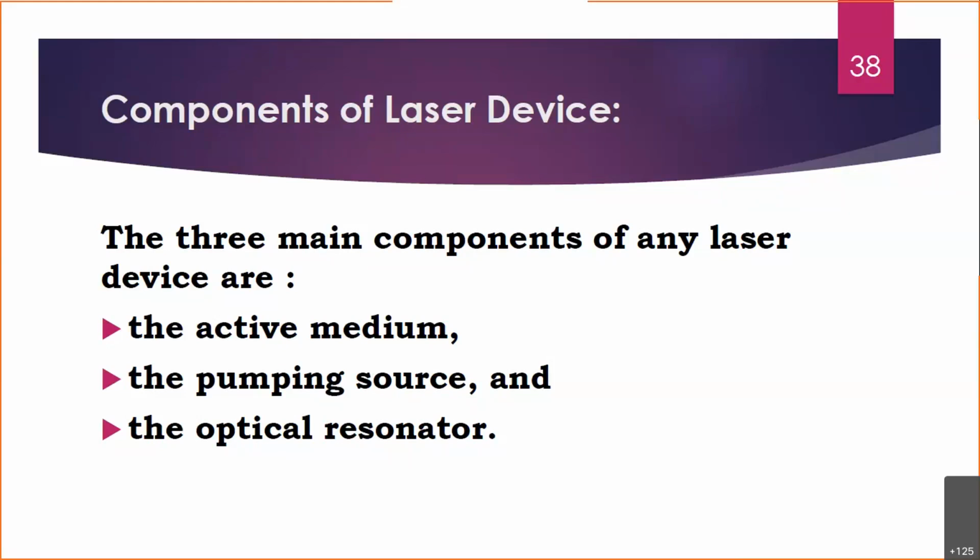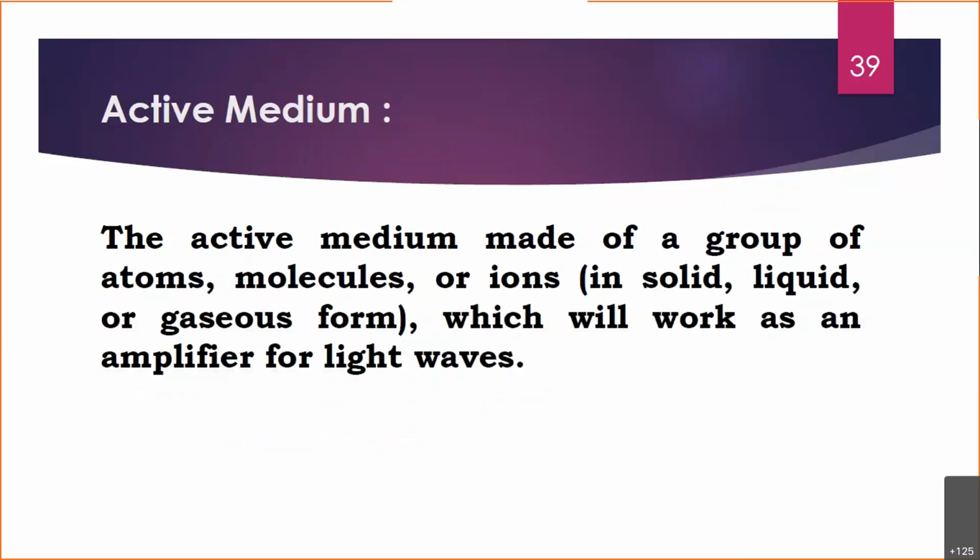So let's look at the first one, the active medium. As I said earlier also, everything is very clear in laser physics. With the name you can easily identify what is happening inside. It is written active medium, that means I'm talking about a medium, and that medium can be made of atoms, or molecules, or maybe ions also, but it all depends on the material which we are using, right? Solid medium, liquid medium, or gaseous medium.